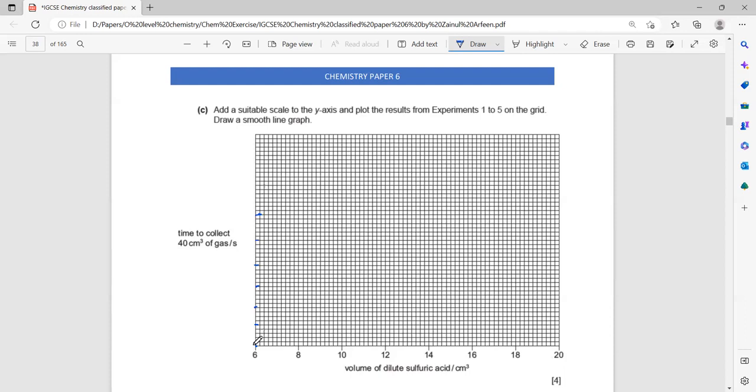Or, 10 boxes equal 20. For example, if I select 10, 20, 30, 40, then 56, it won't cover that. So I select 10, 20, 30, 40, 50, 60, 70, because one of the values was 72, and then 80 will be there.